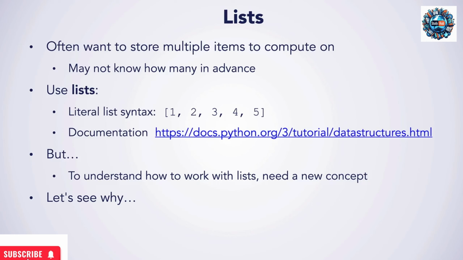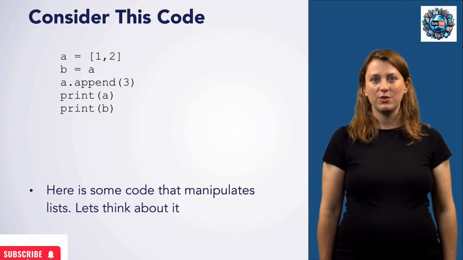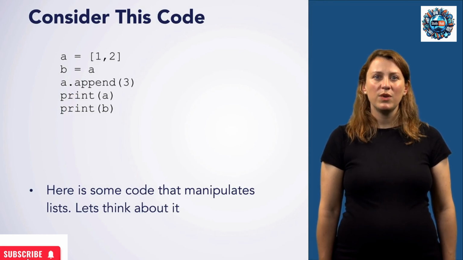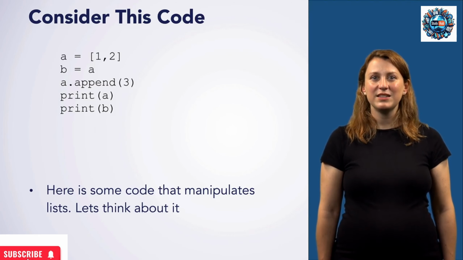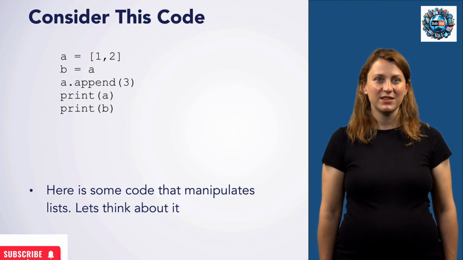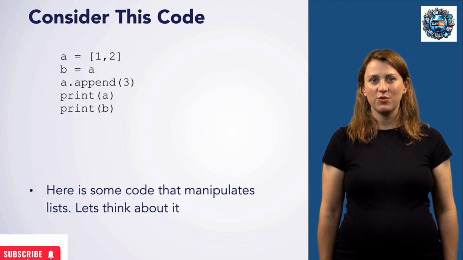To see why we need a new concept, let us take a look at a small bit of Python that uses lists. Here we have a line of code that sets A to the list with 1 and 2 using the list literal syntax that we just showed you. When we say B equals A and A.append(3), the append method places an item onto the end of a list. Remember, we said that we can add more elements to a list once it is created.